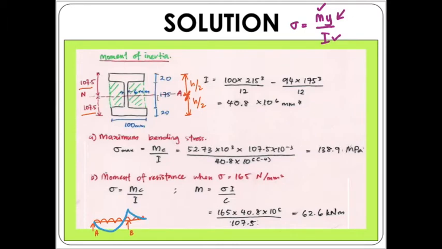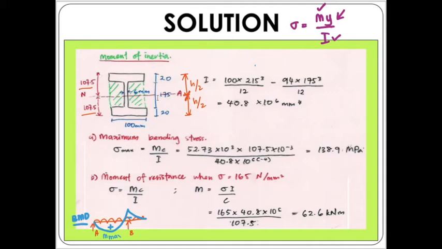These blue lines are the bending moment diagram lines, where this part will be positive and this part will be negative. And the maximum bending moment that we have determined earlier is located here. So this is the maximum moment.